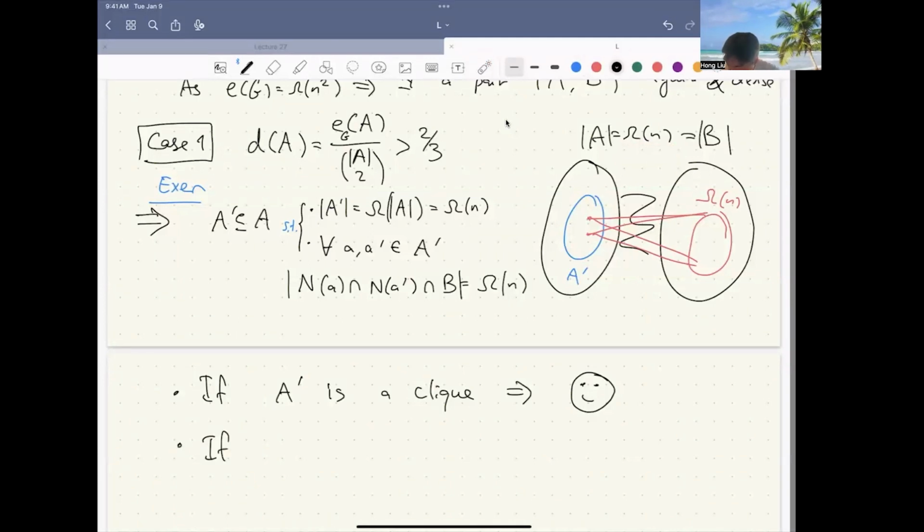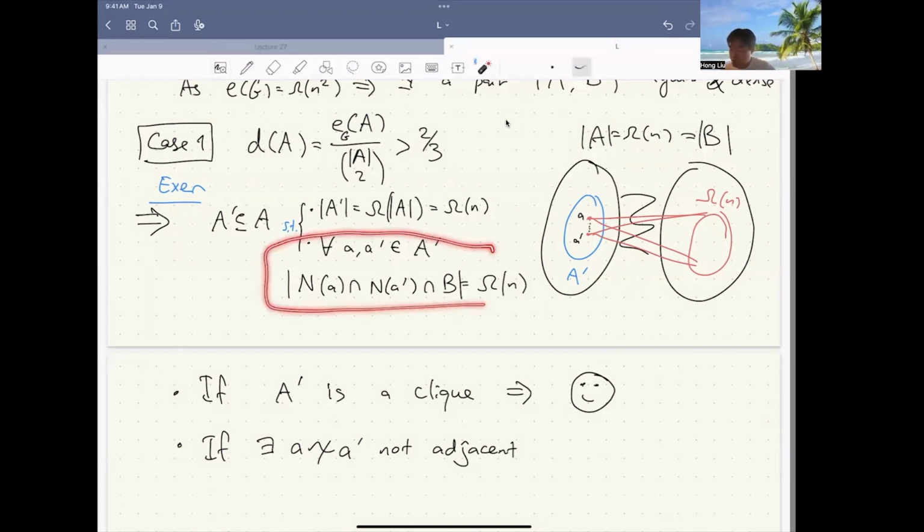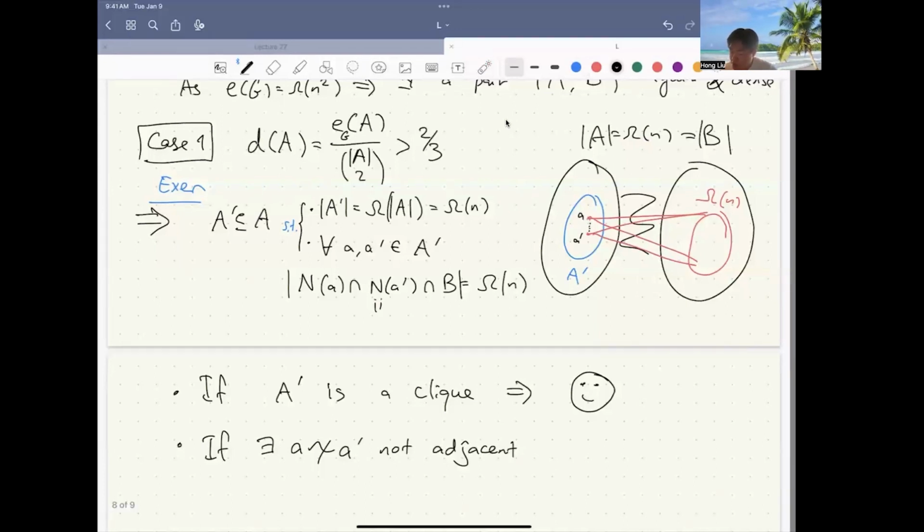So if there exist two vertices in A prime not adjacent, so this is my A and A prime not adjacent, by the second property, I know their common neighbors form a linear size set. If this is a clique, we are also done. Let's call this set B prime.